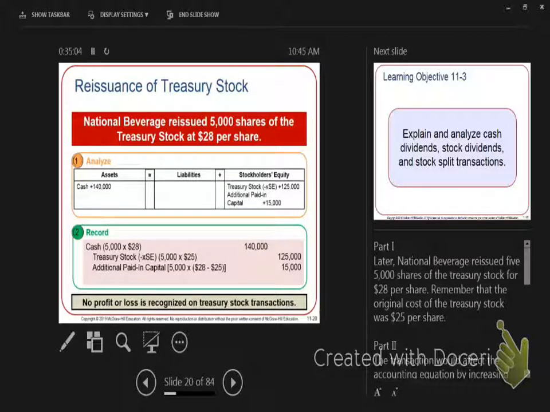I would still have treasury stock at 25. So you lost money? Exactly. This time I would deduct it from APIC. I lost money. So you can debit APIC.